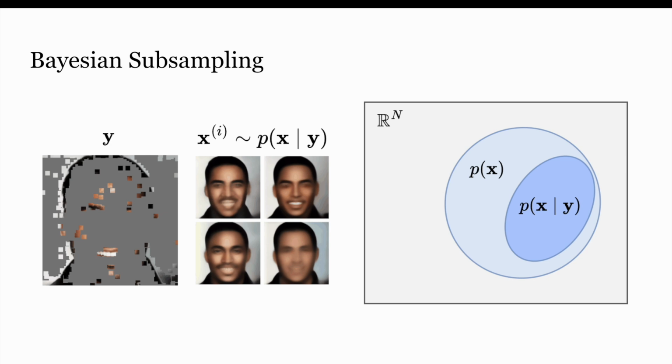Next I'll mention Bayesian subsampling. This is the idea that because the problem is ill-posed, so there's a many-to-one relationship between X and Y, in the sense that many different X's could satisfy the measurement that we've observed, it's nice to be able to represent that as a whole distribution over target signals and to preserve that uncertainty.